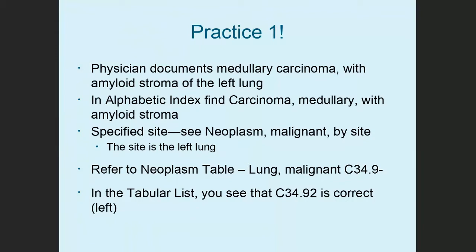It says specific site, see neoplasm malignant by site, and we have a specific site in this case. It's the left lung. So I'm going to go back to the neoplasm table and find lung, malignant, C34.9. You see that it has that dash there, so you need to go to the tabular list to see that C34.92 is correct.